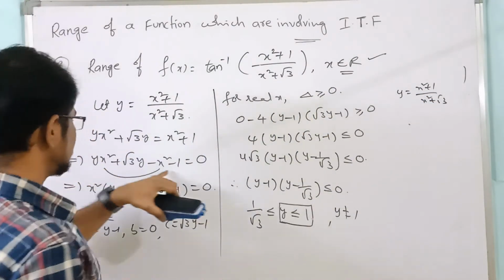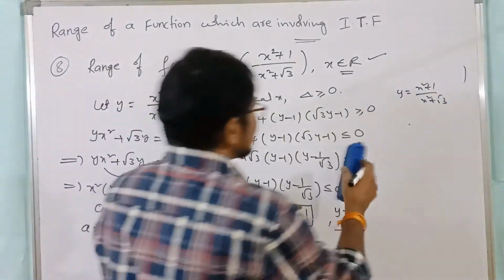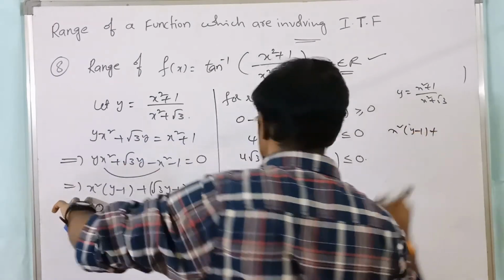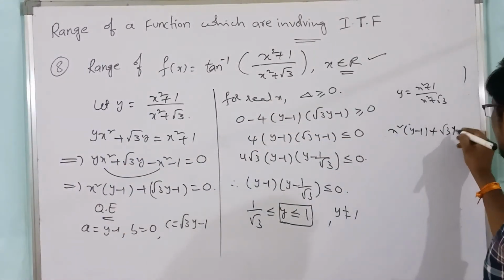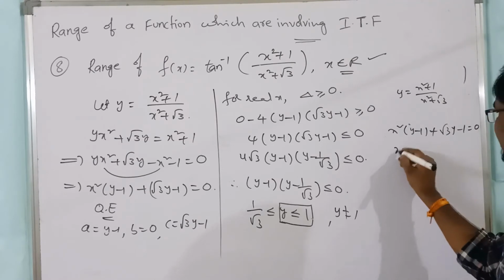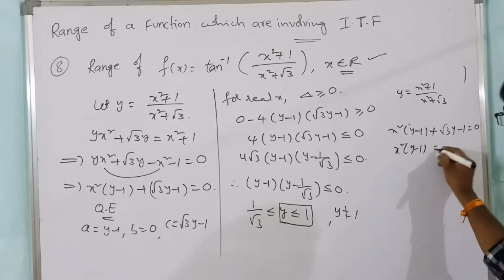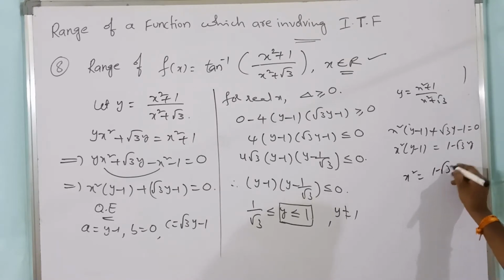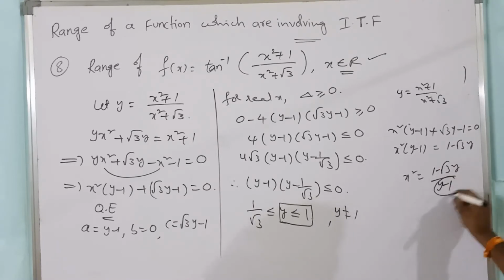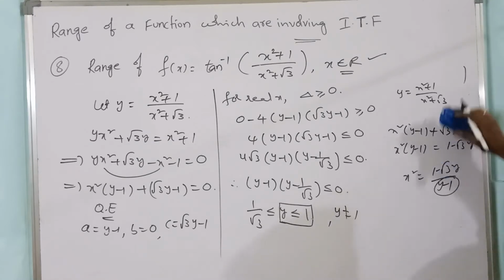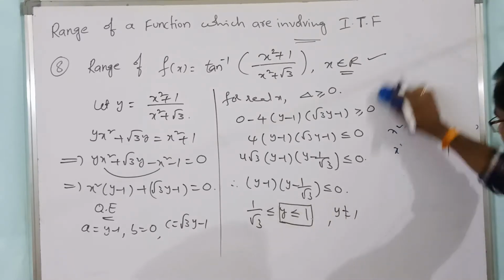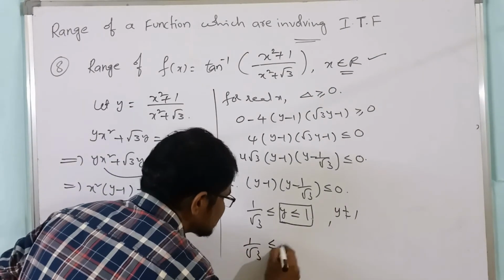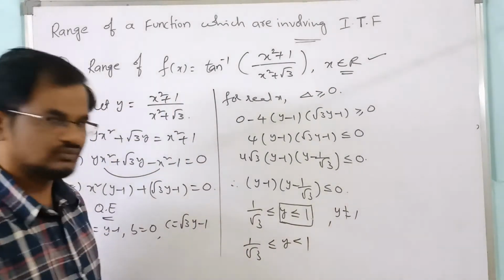If you simplify, taking x square common, x square into (y minus 1) plus root 3 y minus 1 equal to 0. x square (y minus 1) equal to 1 minus root 3 y. So x square equal to (1 minus root 3 y) by (y minus 1). Here y not equal to 1. So therefore 1 by root 3 less than or equal to y less than 1.